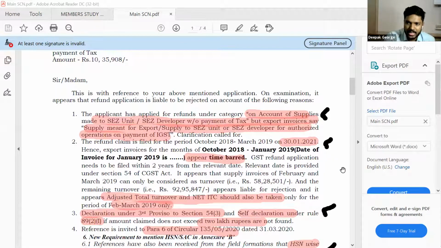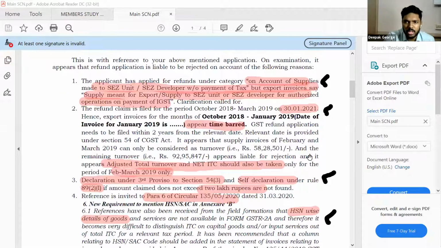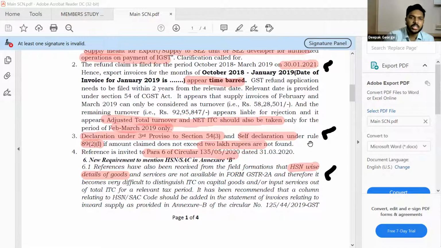Right. Next, we will come to the third ground. Here you can see the third audit mark, that is basically the declaration under third proviso of section 54(3) and the self-declaration under rule 89 sub-rule 2 clause (l), if the amount does not exceed 2 lakh rupees, are not found.